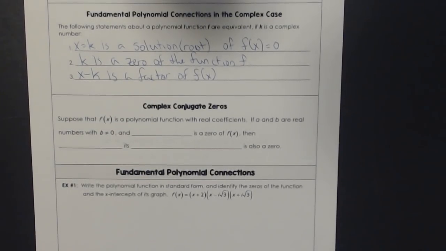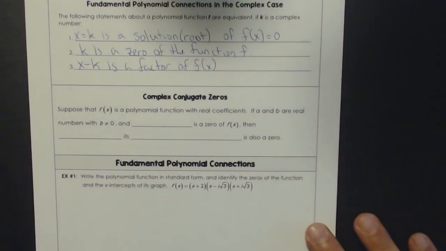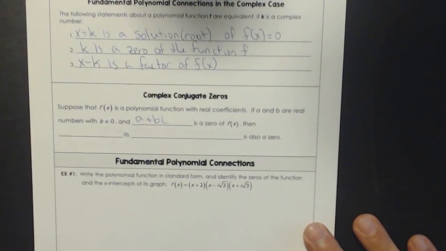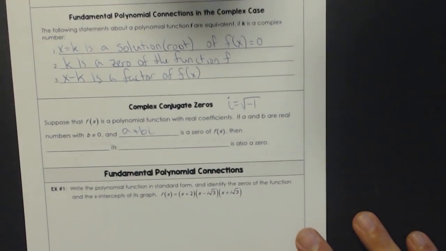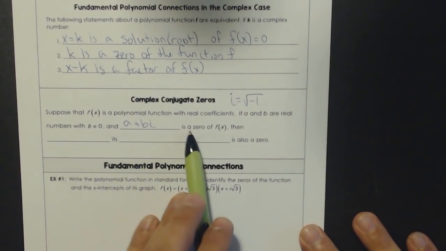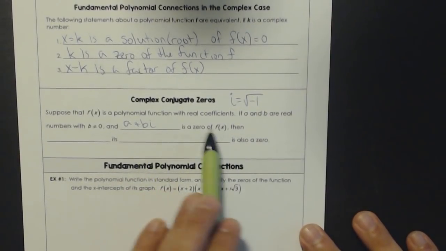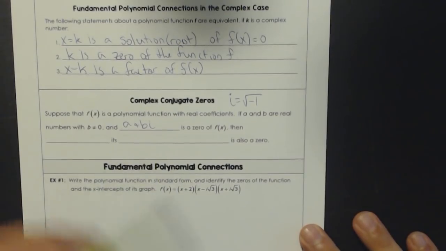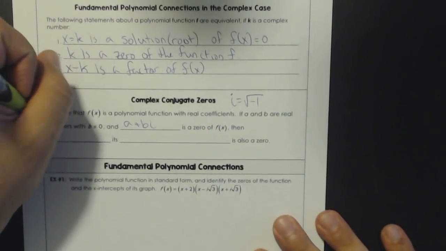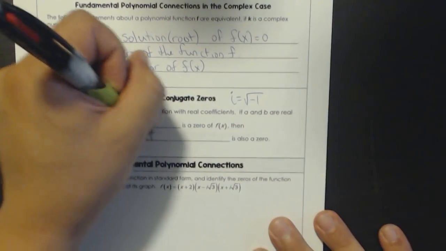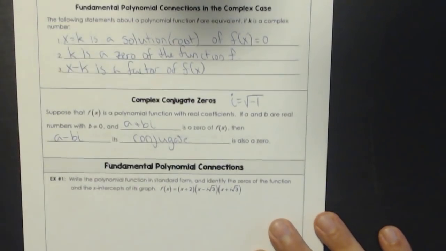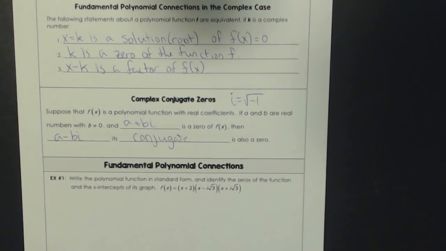If a and b are real numbers with b not equaling 0, and a plus bi is a 0 of f of x, remember i is the imaginary number, equal to the square root of negative 1, something we mentioned last year. Then if a plus bi is a complex 0 like this, its complex conjugate, a minus bi, is also a 0.